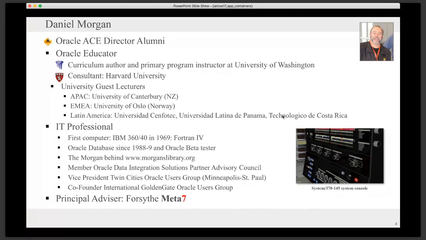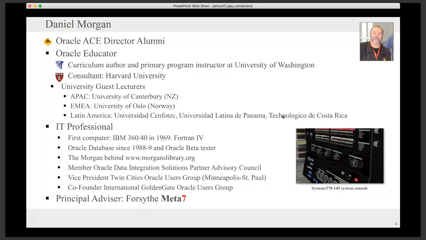Background-wise, I started off in mainframe computers in 1969, writing Fortran. Later on, went into the client-server age when mainframe databases were being moved into client-server on VAXes and the original Sun architecture. Been a beta tester for Oracle since 1988 on the database and also for Golden Gate, doing Golden Gate beta testing right now and a number of other products.